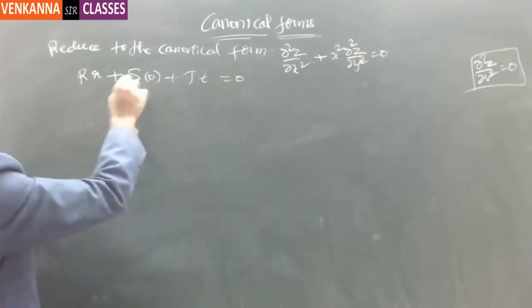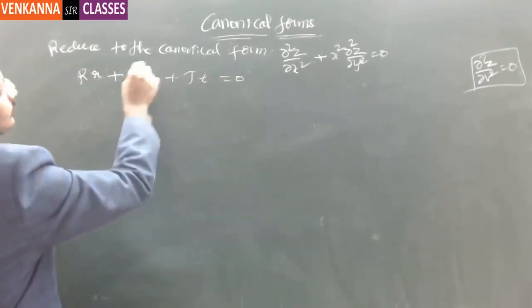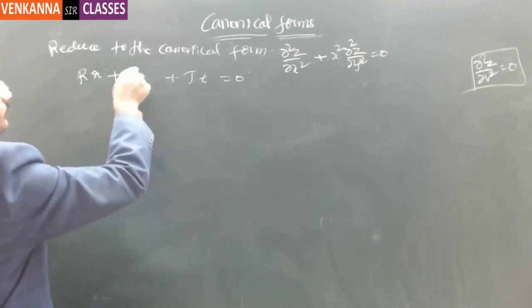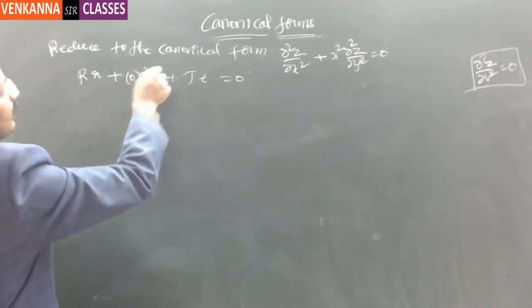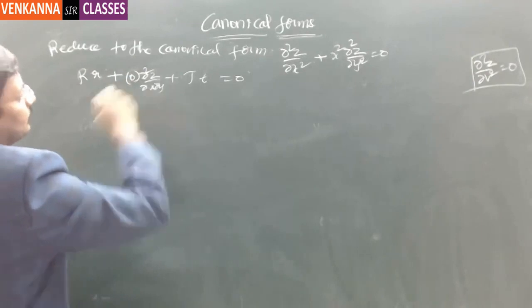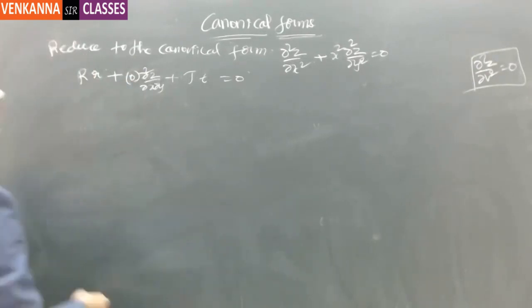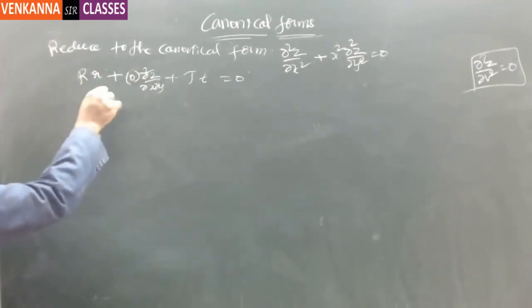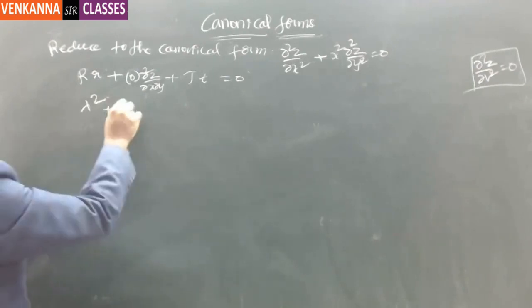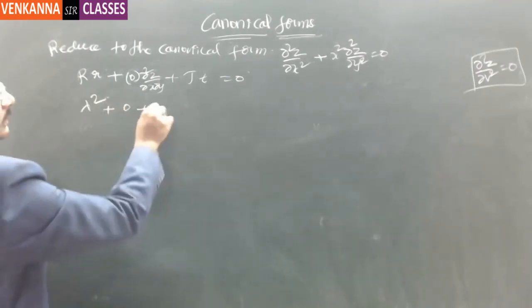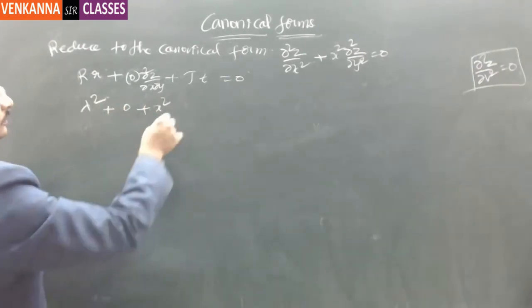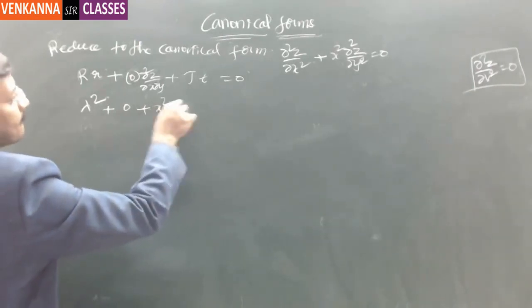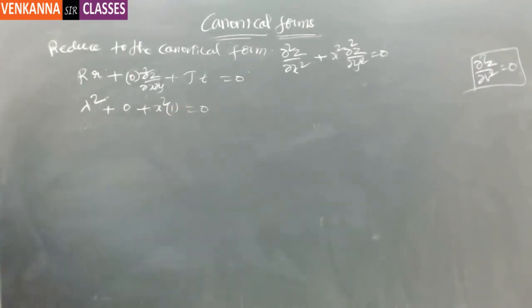So here S is actually 0 into dou square z by dou x dou y, which should be there ideally. So the lambda quadratic equation is lambda square plus 0 plus x square times 1 equal to 0. This is the lambda quadratic equation.